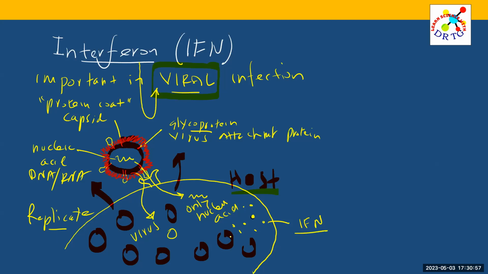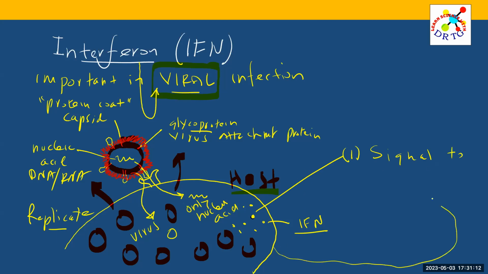Now what is the function of interferon? Interferon functions in two ways. Number one, it gives a signal to neighboring cells.